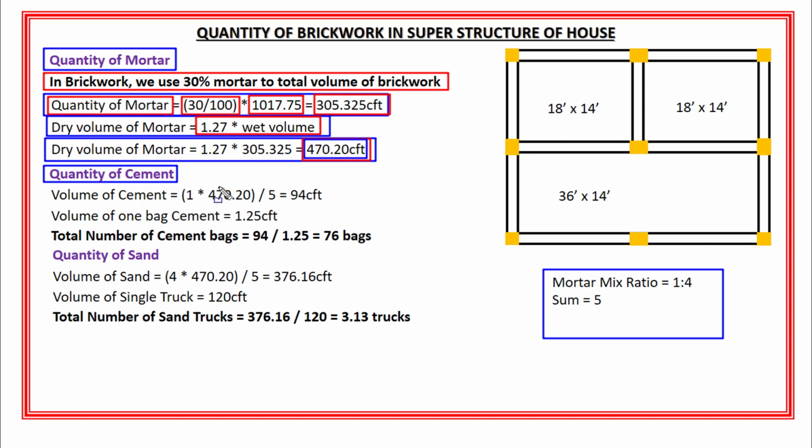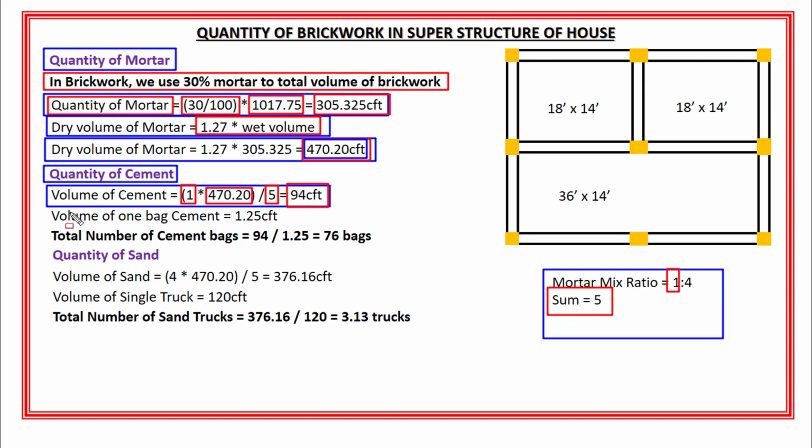Okay. So the volume of cement is equal to 1, which is the ratio of cement, multiplied by the dry volume of mortar, which is 470.20 cubic feet, divided by 5, which is the sum of ratio. And the total volume of cement will become 94 cubic feet.